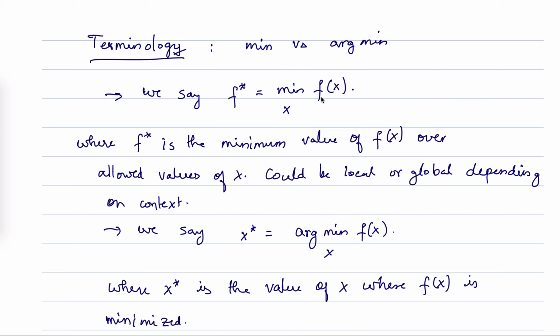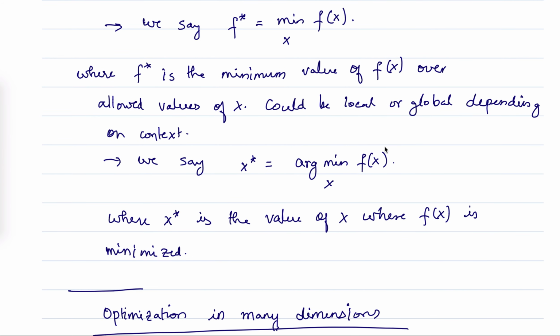So if you minimize f of x with respect to x, that minimum value would perhaps be called f star. But in any case, this is how you use min. If you use min this way, what you get here is f star, which is the minimum value of f of x. This minimum could be local or global minimum depending on the context. You could potentially use it in either context.